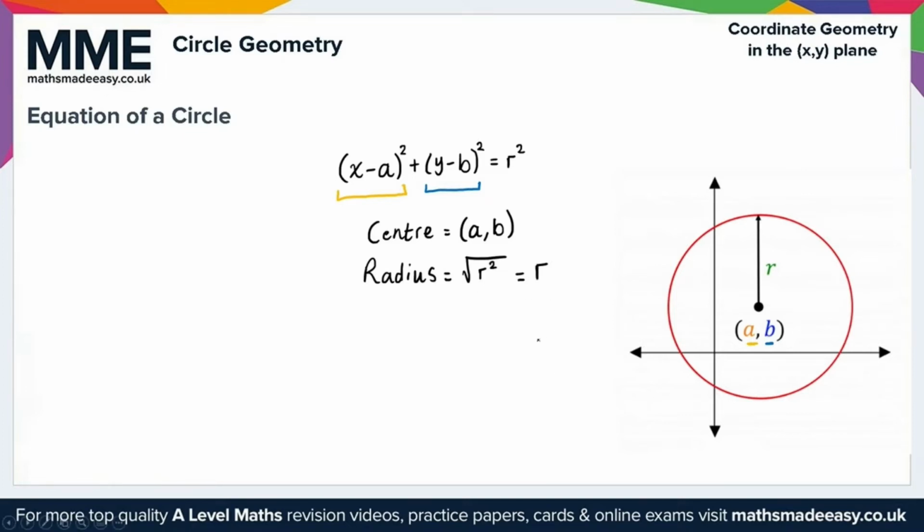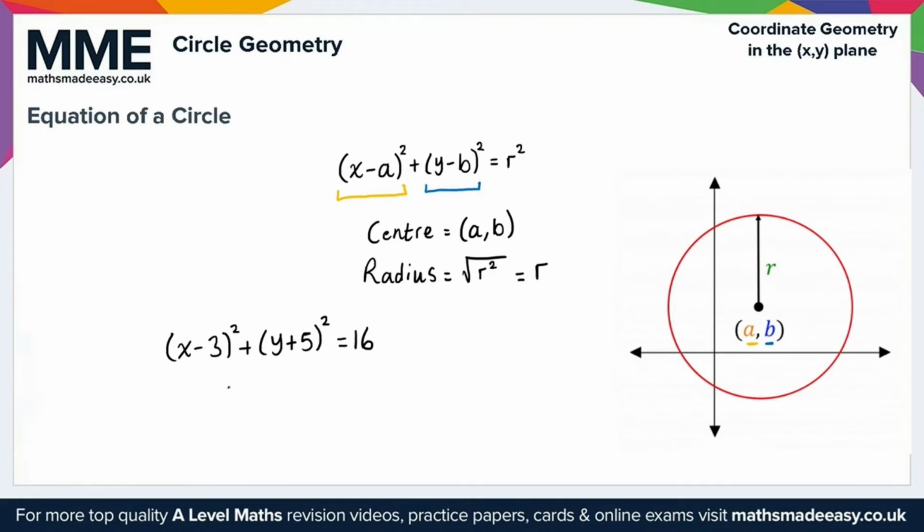So here as an example, let's just say we have this equation of a circle, (x minus 3) all squared plus (y plus 5) all squared, and this is equal to 16. What we want to identify here is the centre and the radius. And remember, taking a look at this equation here, corresponding to this circle, we can easily extend this now with our given equation.